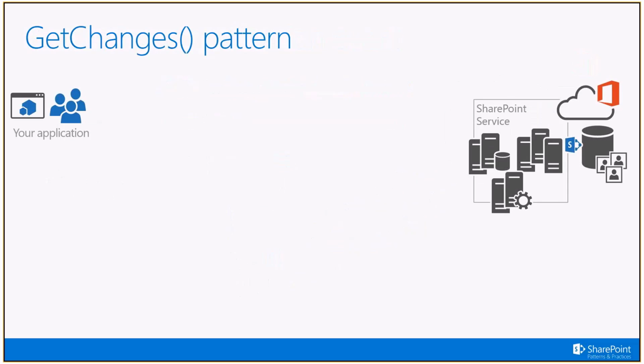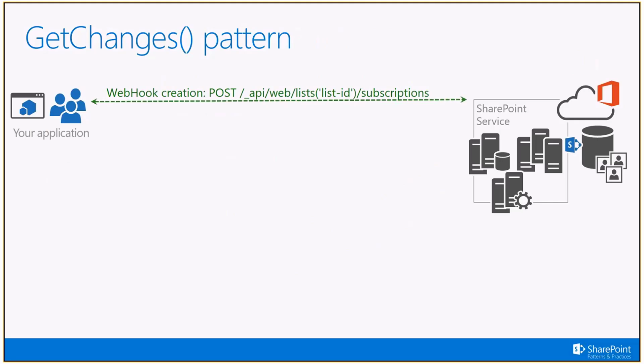Now, this slide might be a little bit complicated, but we're going to walk over it step by step. Essentially, it gives you an enterprise-ready get changes pattern to handle webhook notifications. Going back to the first step, we're going to create a webhook, which we described earlier on.